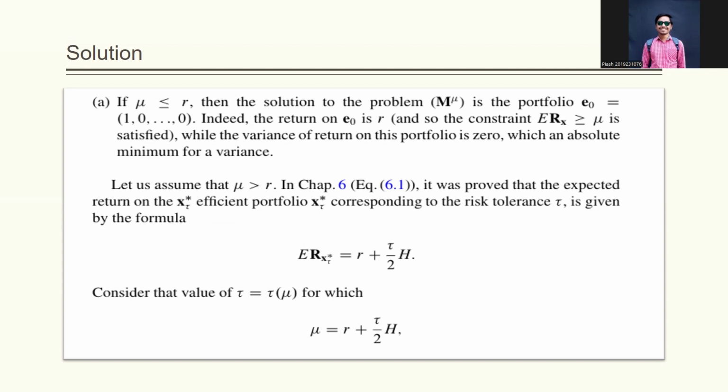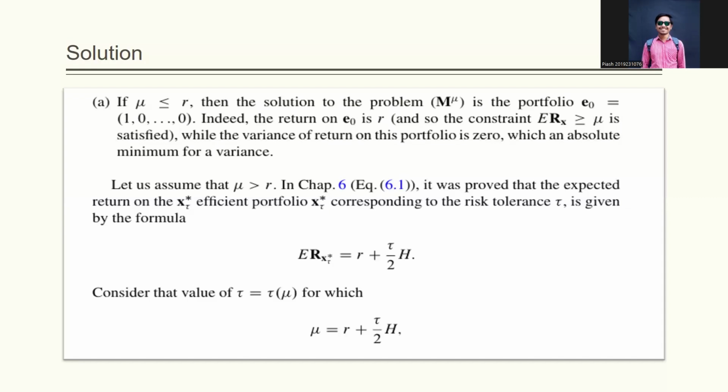Now let us assume that mu is greater than r. From chapter 6, equation 6.1, it was proved that the expected return on the efficient portfolio X star tau, corresponding to the risk tolerance tau, is given by the formula E R of X star tau equals r plus tau times h divided by 2.